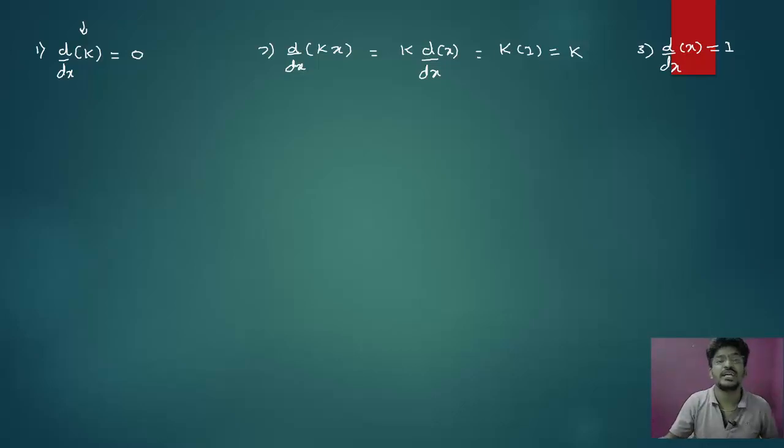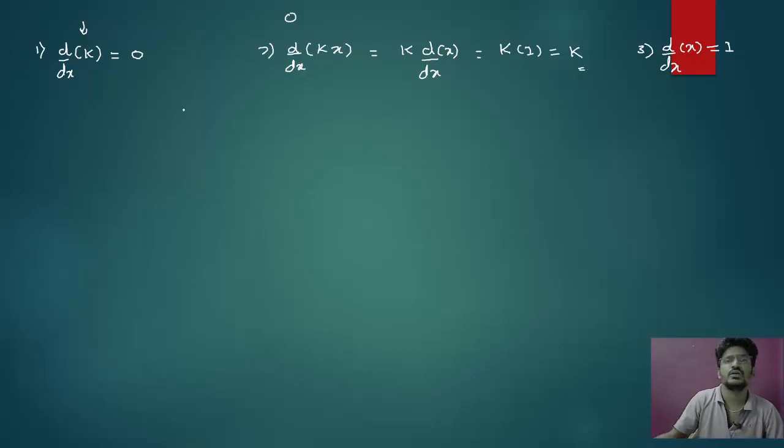Please don't write 0. Most of the students write 0 because they know that constant term differentiation is 0, and directly they write 0. It is not 0. It is a constant term multiplied with x. If a constant term is multiplied with x, you have to take the constant term outside and differentiate x. Differentiation of x will be 1, so k into 1 will be k.